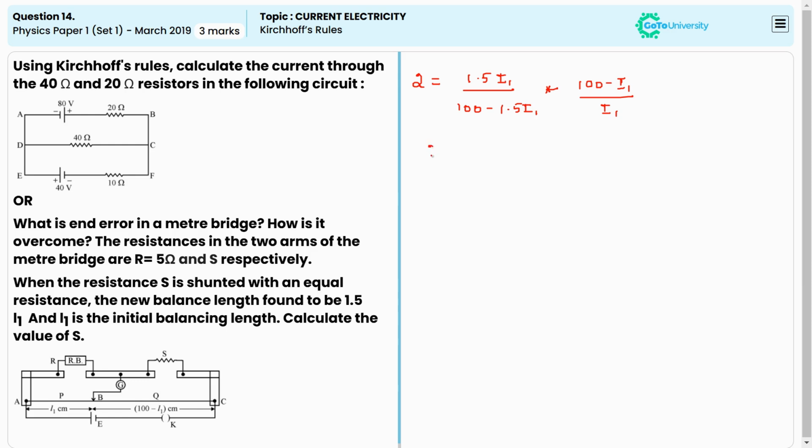Then we can simplify this as 200 minus 3I1 is equal to 150 minus 1.5 I1. Further simplified, I1 is equal to 100 divided by 3 centimeter. Putting the value of I1 in any one of the two given conditions, we will get S is equal to 10 ohms.